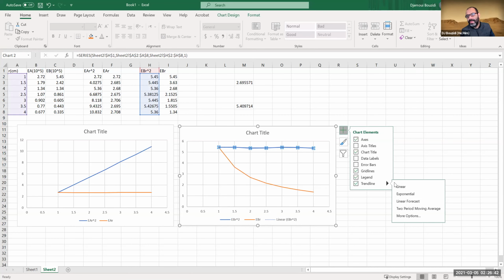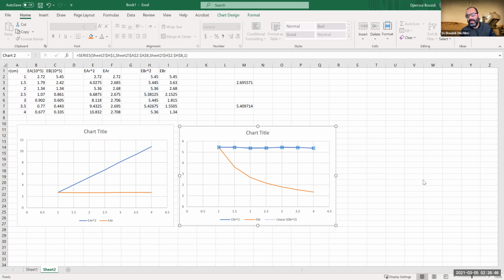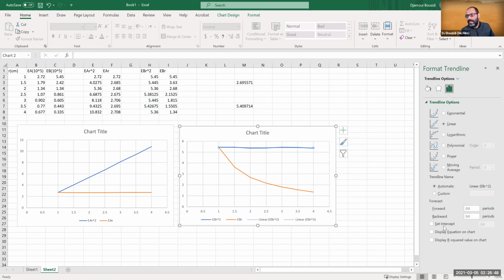Linear, let's see more options in here. We want to display the equation, and we want to display the r squared. So this is fitting with a line. Actually, I don't want a linear. I want a constant. Do I have anything that says constant in here? Or custom? Can we do it? I don't know.